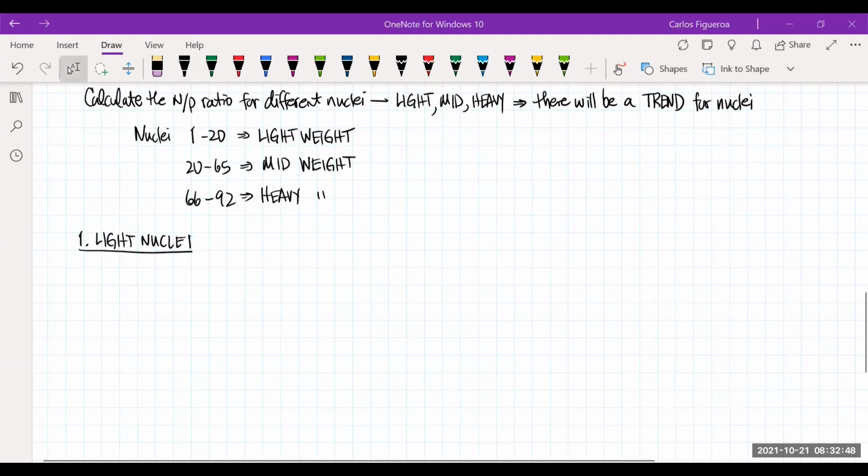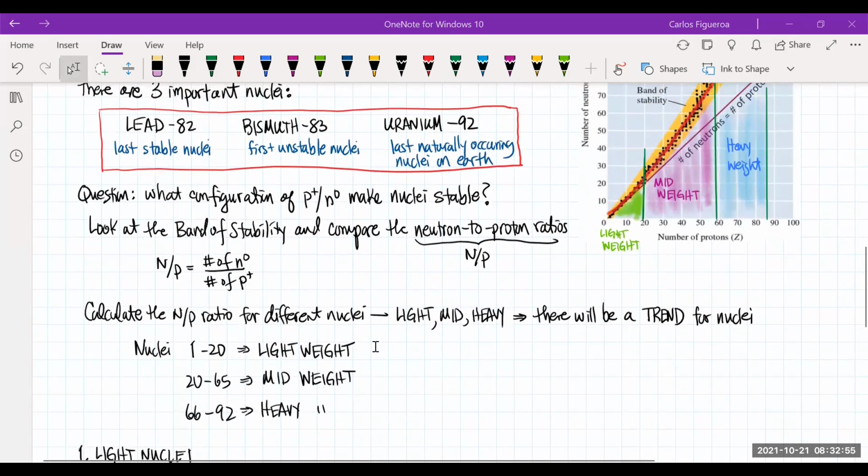Probably the first one is the heaviest one on our line. If you look at this, 20 really looks like it's right at the edge, and then it starts to curve away. So let's look at 20.